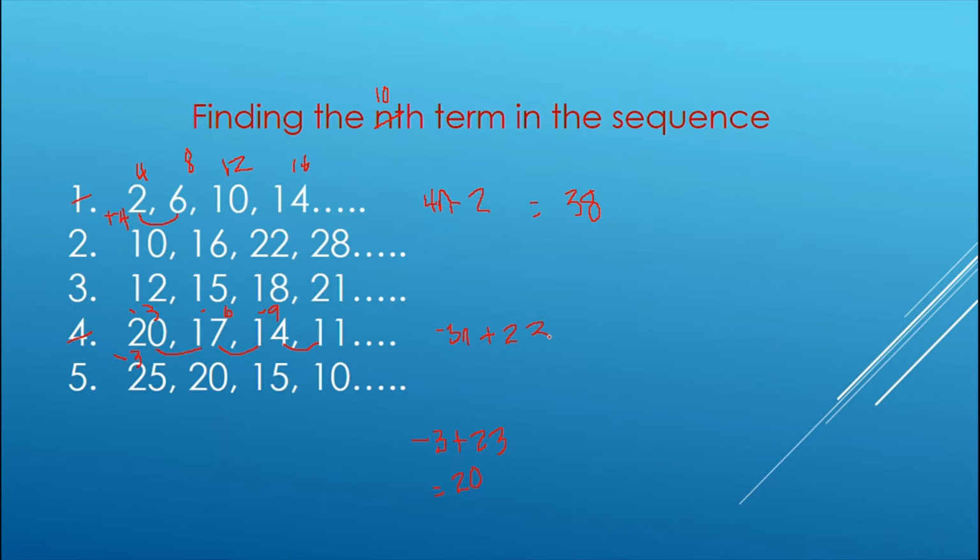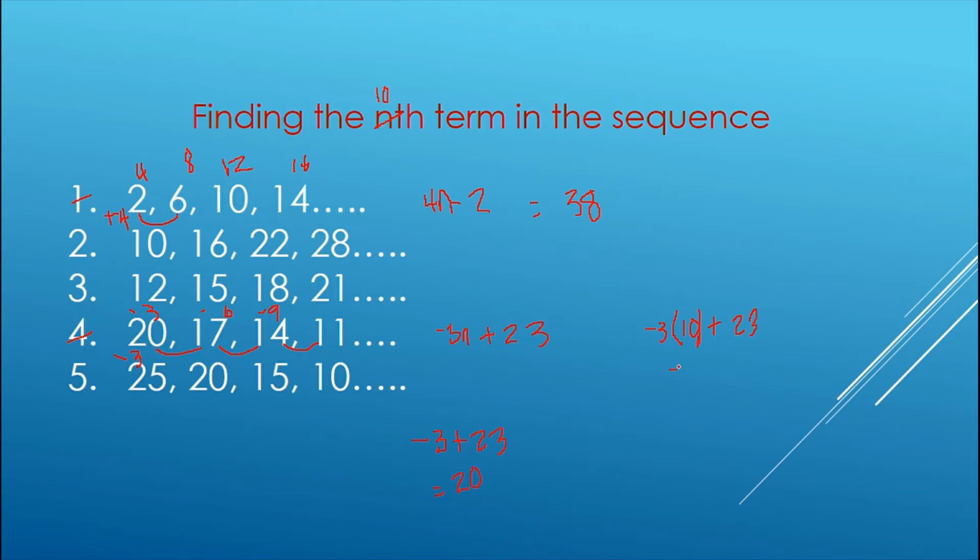Now to find the 10th term in this pattern, we're going to use the formula negative 3, and for the 10th term, we substitute 10 for n, plus 23. So we have here negative 3 times 10, multiplication of integers. Negative times positive is negative.